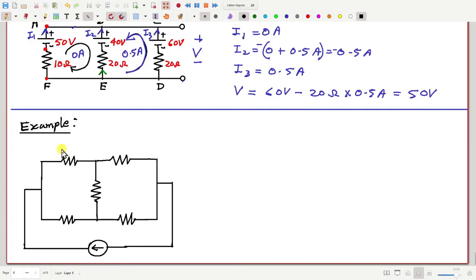Suppose this is 2 ohm, 3 ohm, 5 ohm, say 3 ohm, and maybe 2.5 ohm.